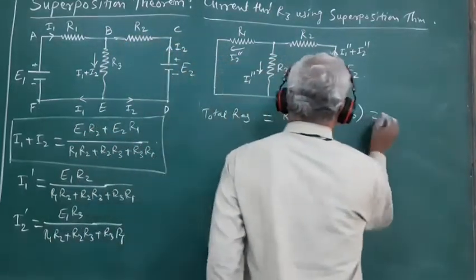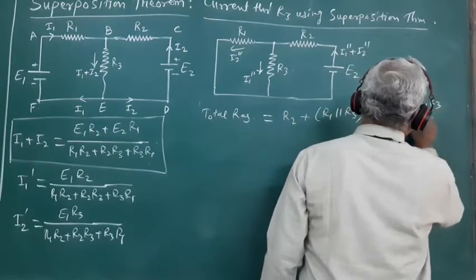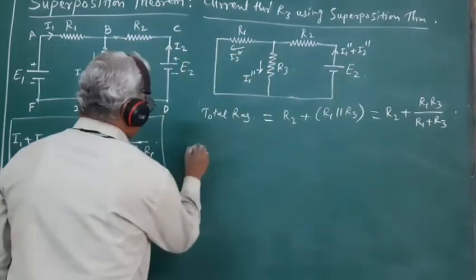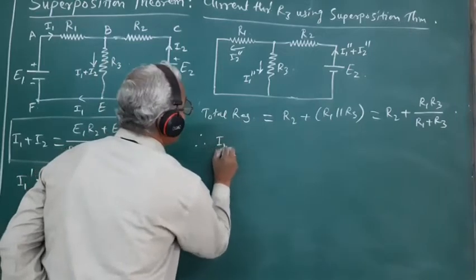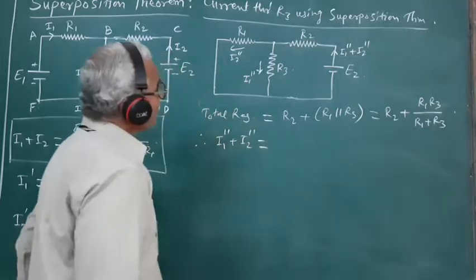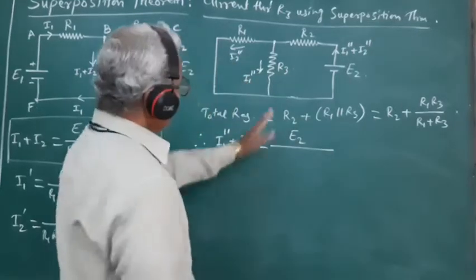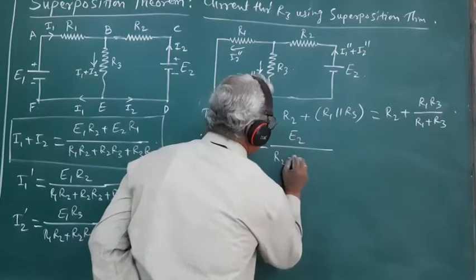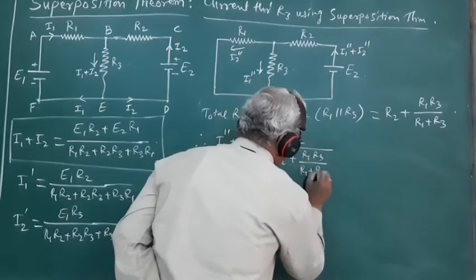So this is equal to R2 plus R1 R3 upon R1 plus R3. Therefore, the total current sent by the source E2, that is I1 double prime plus I2 double prime, works out to be equal to E2 divided by the total resistance of the circuit, R2 plus R1 R3 upon R1 plus R3.